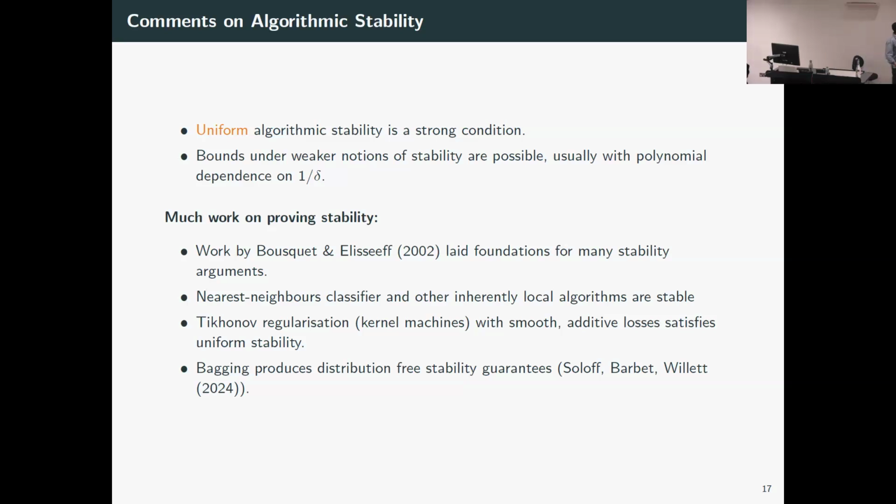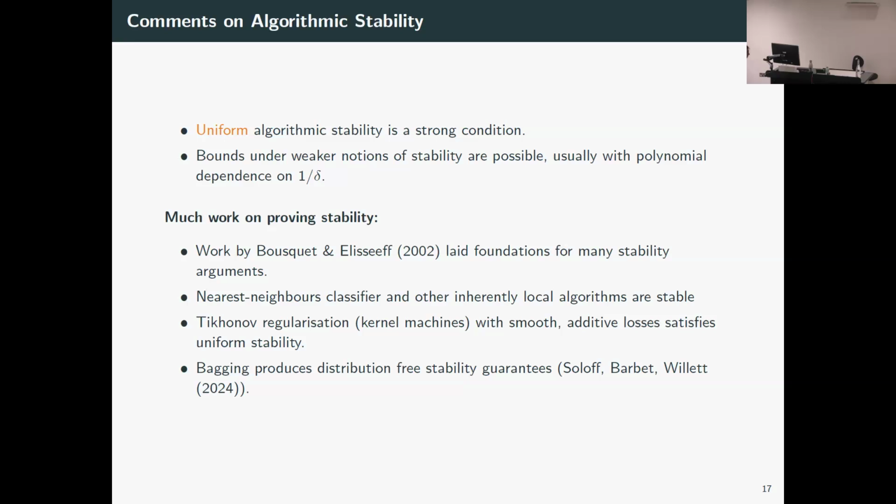In order to prove stability for a kernel machine, you basically have a structure where you have some loss which is additive over the data, plus some RKHS norm squared penalty. For that type of Tikhonov regularization, the argument is based on estimates of the RKHS norm in terms of the sup norm of the predictor.